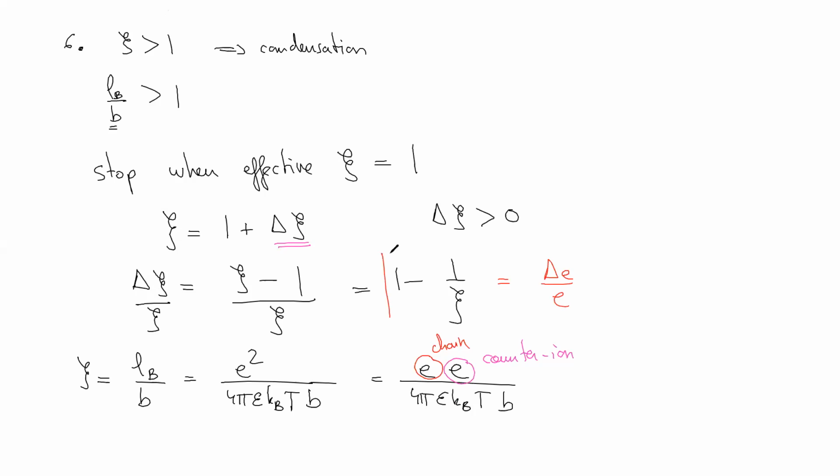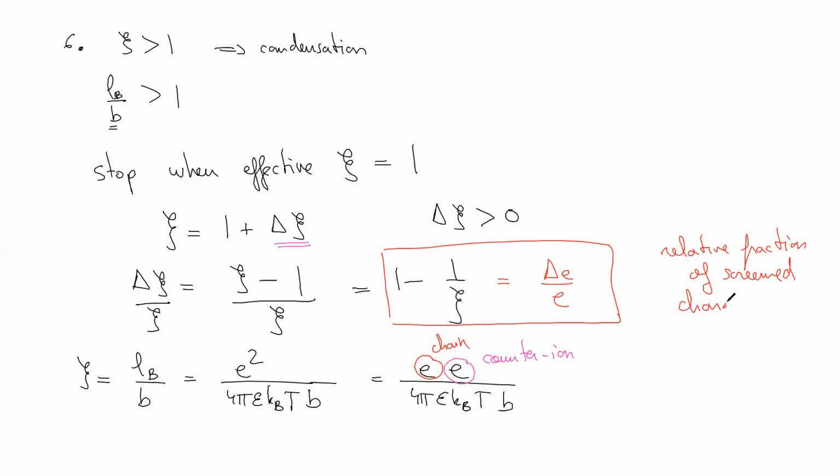So this formula is important. This is the relative fraction of screened charges of DNA by condensation. It's a positive number.